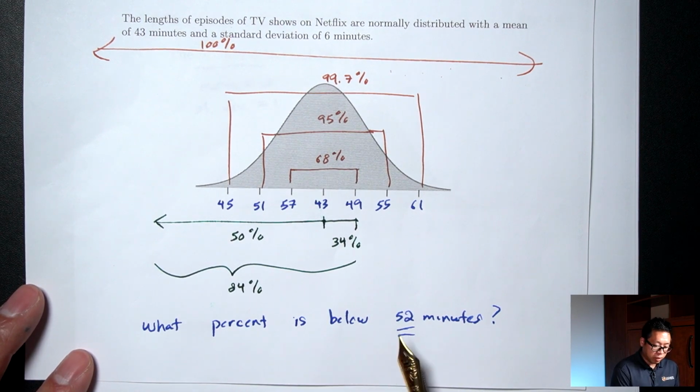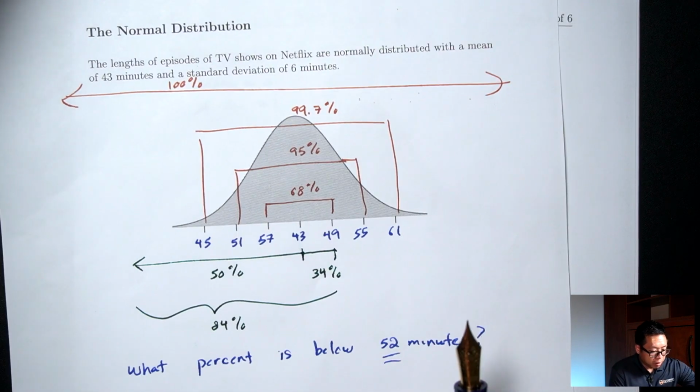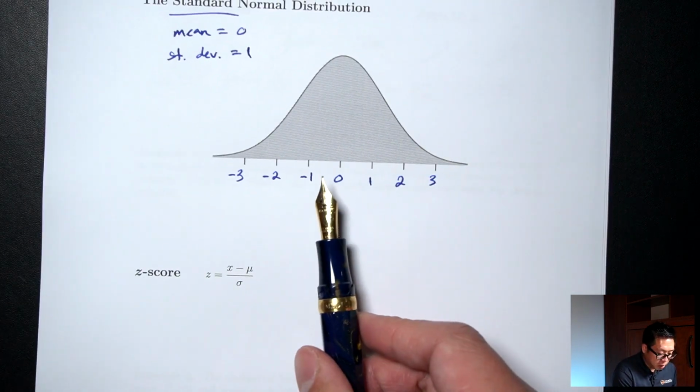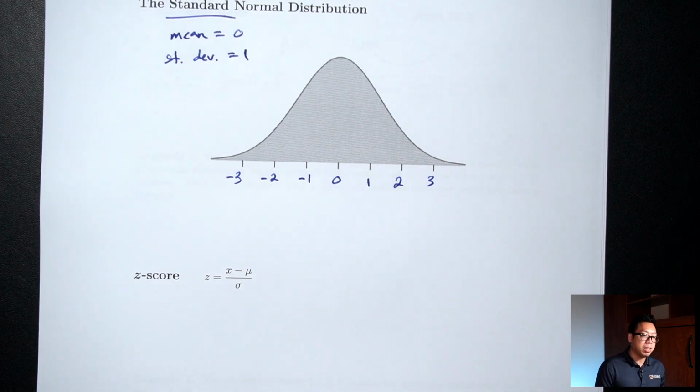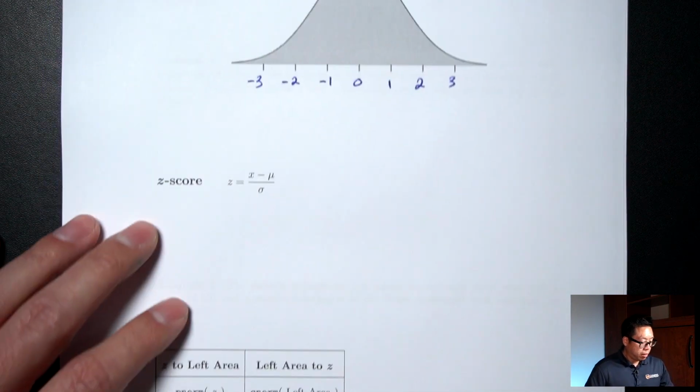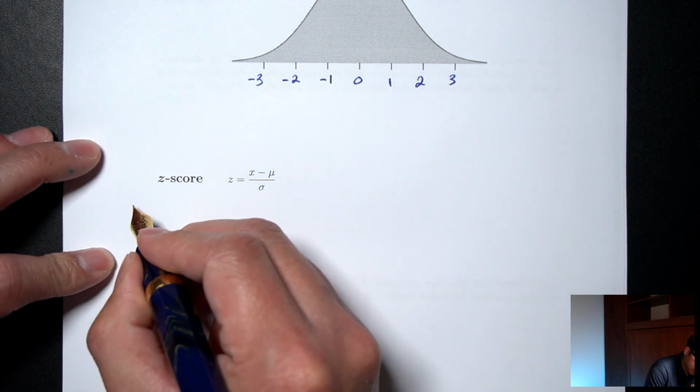What percent is below 52? I know 52 is somewhere between 1 up and 2 up. So on this picture, it should be somewhere between 1 up and 2 up. But I want to know exactly how many steps above. That's going to be the z-score. The z-score tells you how many steps, or how many standard deviations, above or below the mean.